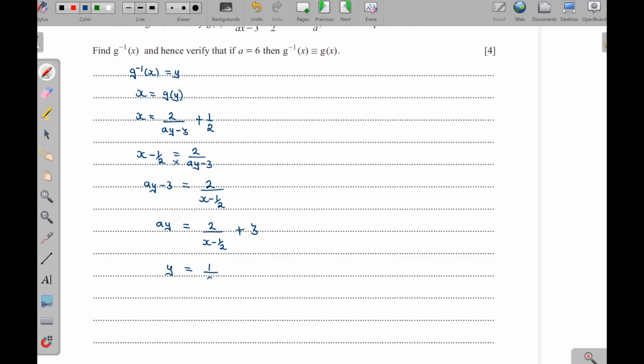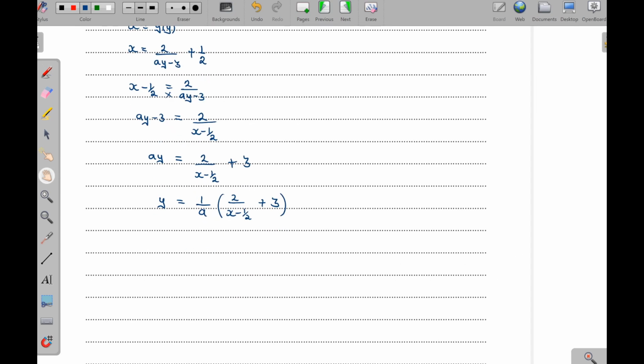Now we can divide all through by a. In other words, I can say 1 over a times everything here. That is x minus a half, then plus 3, which I can write as y, which is equal to 2 out of a, then times this, plus 3 over a. Let me just leave it there actually.